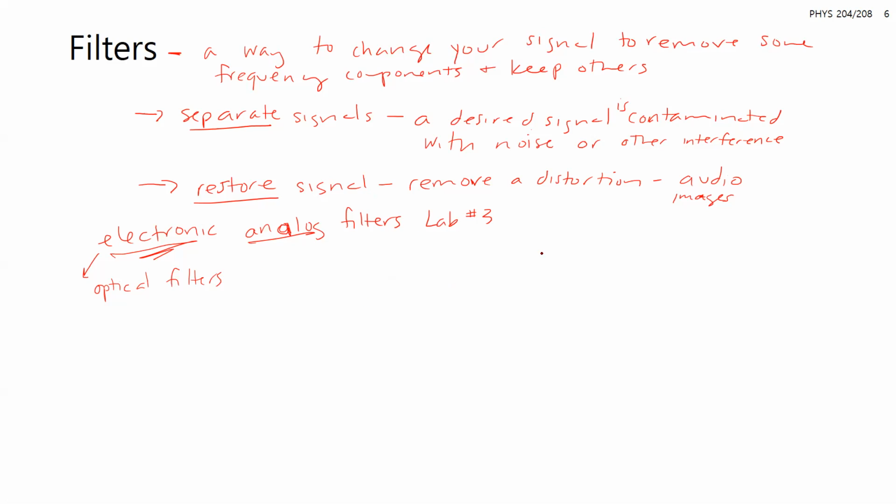What you're going to be mostly working on in lab 3 is filtering out some noise. We're going to have entire lectures devoted to noise later in the semester. But since this will come up in lab 3, I do want to comment on the one type of noise that you'll be using there, which is the same one that maybe some of you were able to look at in lab 2.